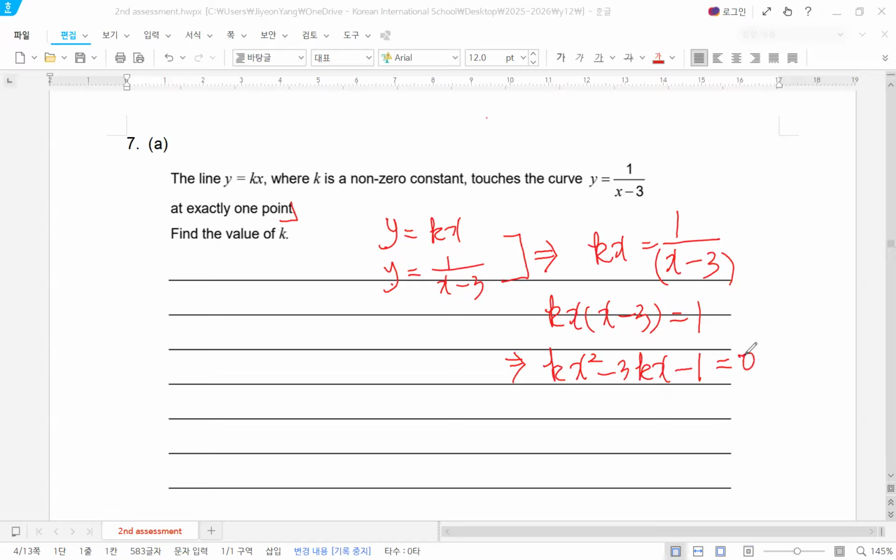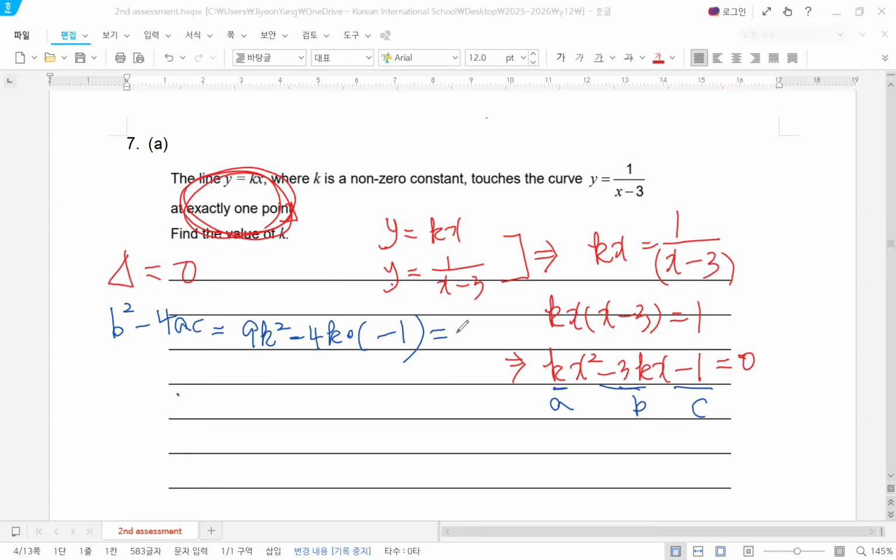Do you understand? Then they say the intersection point is exactly 1. What does it mean? The discriminant is 0, yes. Then this one is value a, this one b, this one c. Therefore, b squared minus 4ac equals 9k squared minus 4 times k times negative 1, right?